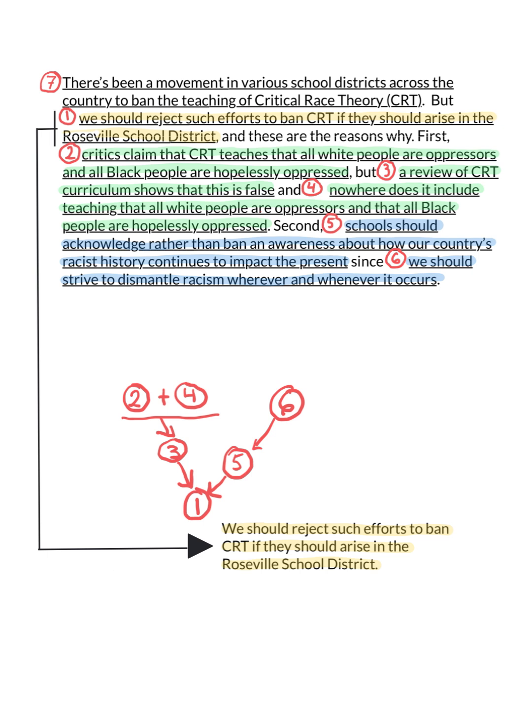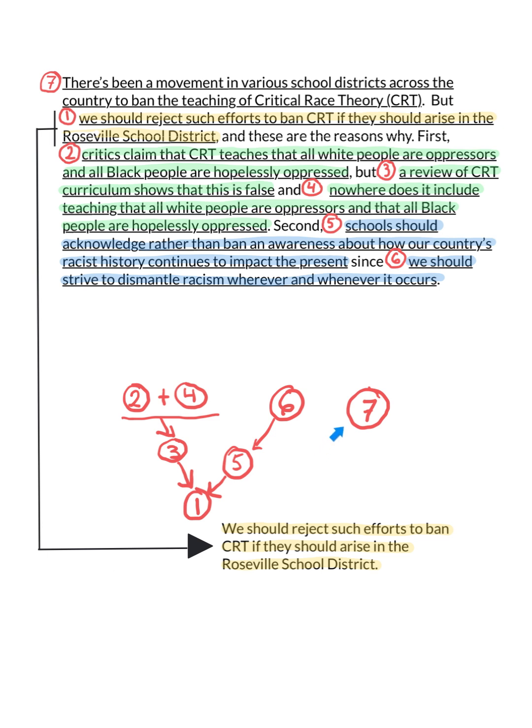So the only claim that we haven't really talked about is up here, Claim 7. You'll notice that I didn't include it in the diagram, and that's because Claim 7 is just considered an extra claim. It adds some context as to what's been going on across the country, but that claim doesn't serve any argumentative function.